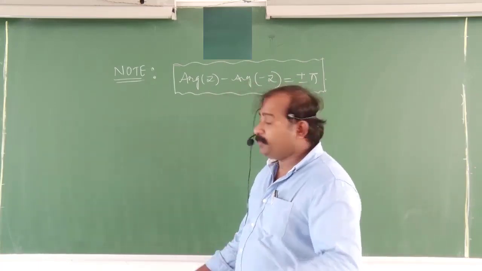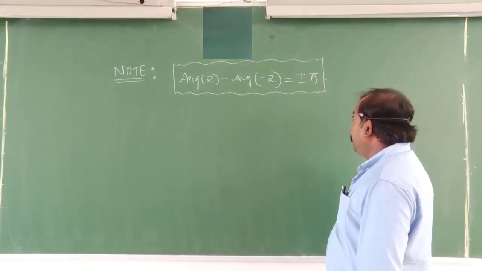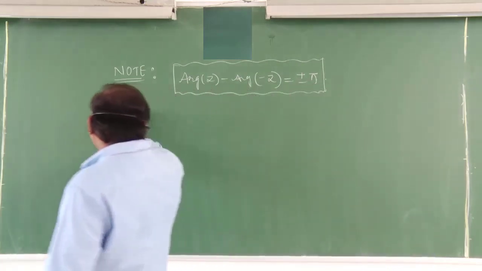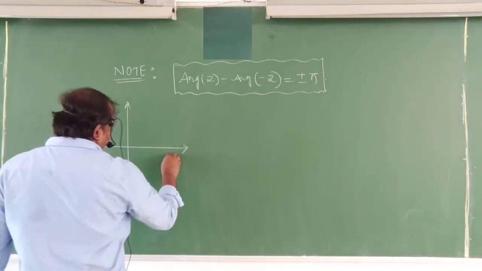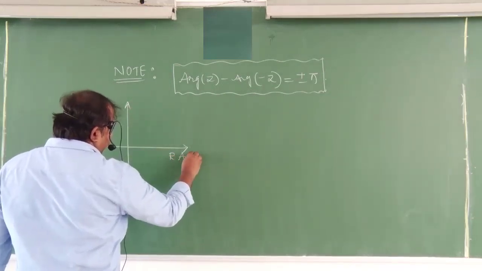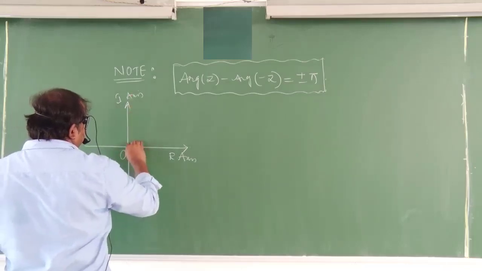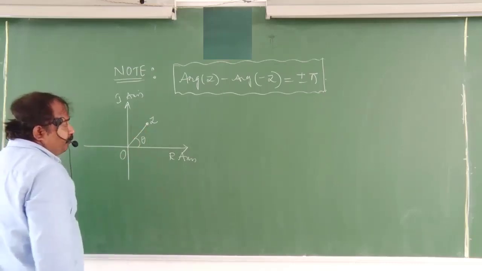Now discuss this. Argument of z minus argument of minus z is equal to plus or minus pi. Here there are two cases. Take the real axis and the imaginary axis. For example, z is here, and this is the argument.